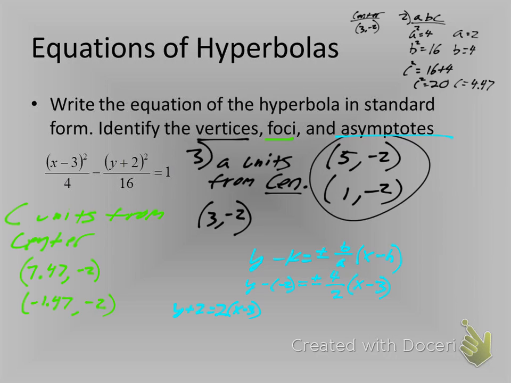And y plus 2 equals -2 times x minus 3 as your other. Distribute, subtract the 2's from the left, and make it slope-intercept form. So y equals 2x minus 8, and y equals -2x plus 4.